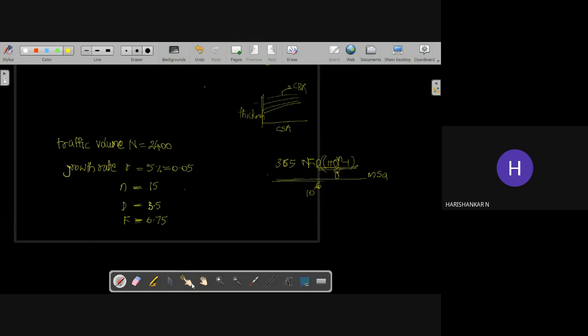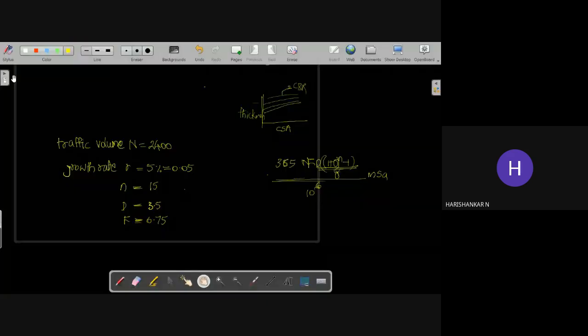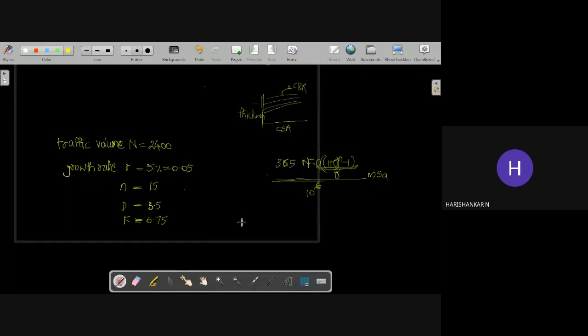Okay, and after that you have to calculate for the combined thickness. Okay, substitute and find it.